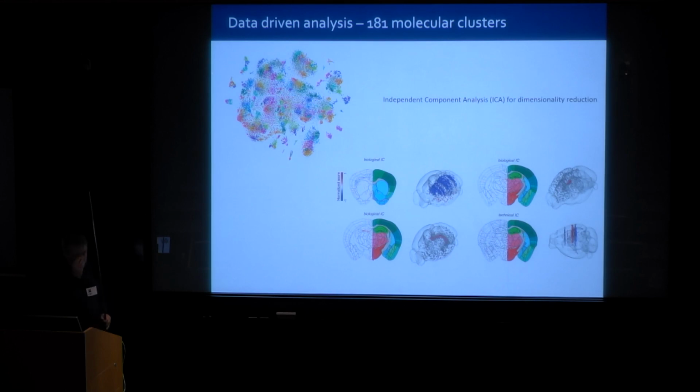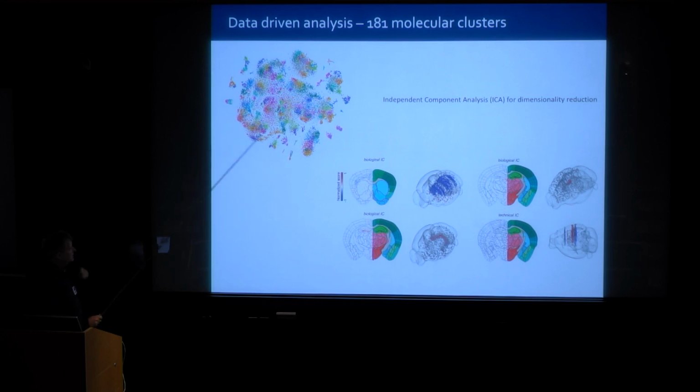But obviously, the data-driven way of doing it is even more exciting because we see patterns that have not been seen before. So this is some 181 molecular clusters, but as you know, you could choose other numbers, but these were spatially meaningful data.